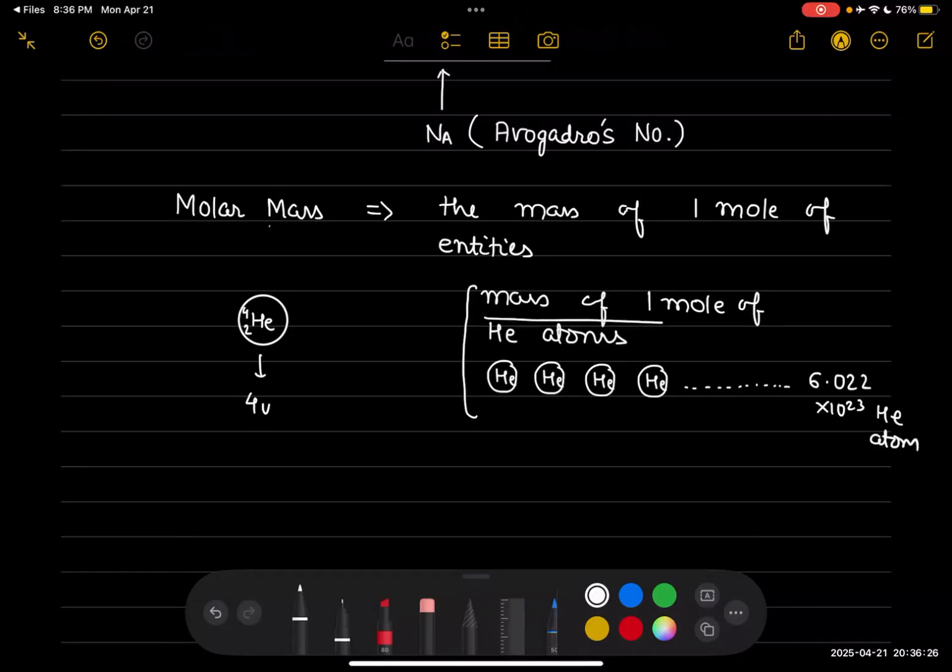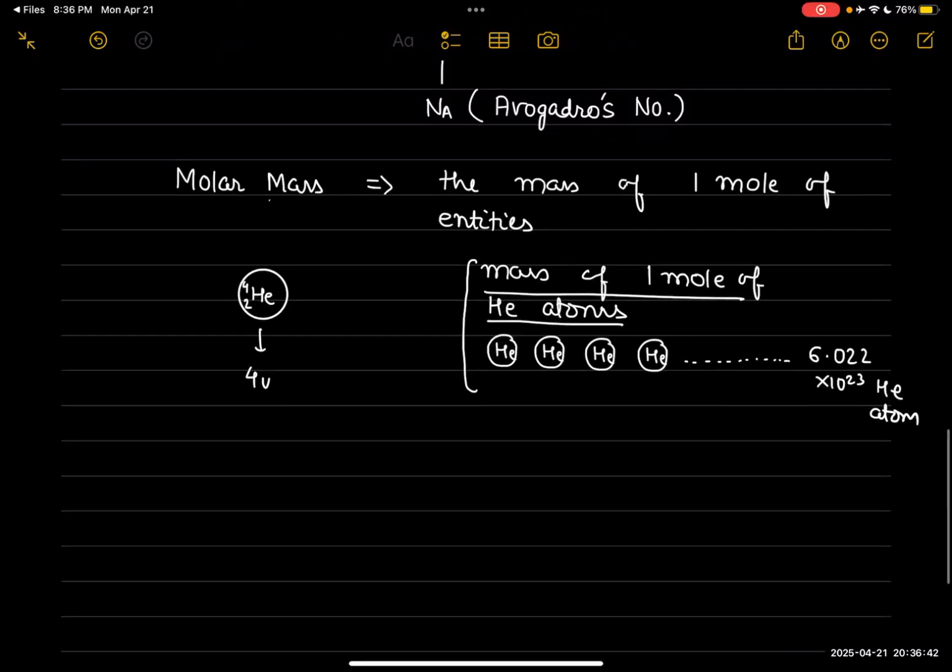So the mass of 1 mole of helium atoms is the mass of how many helium atoms? It is the mass of the whole bunch of helium atoms. That bunch consists of 1 mole of helium atoms, that is 6.022 into 10 to the power 23 helium atoms, the number of which is equal to Avogadro's number.